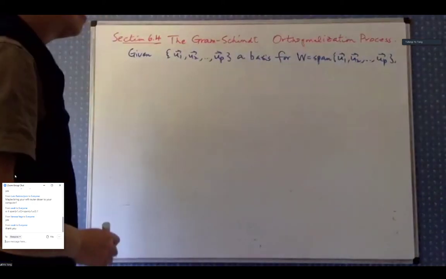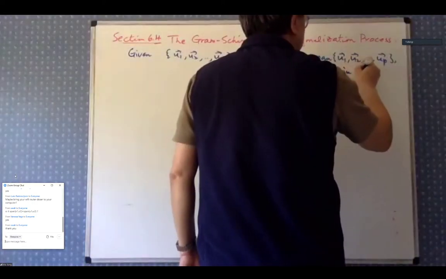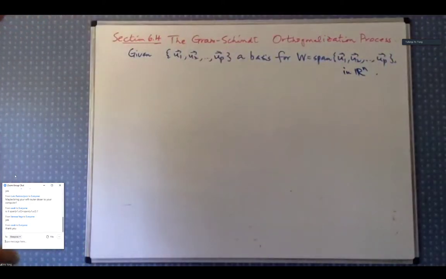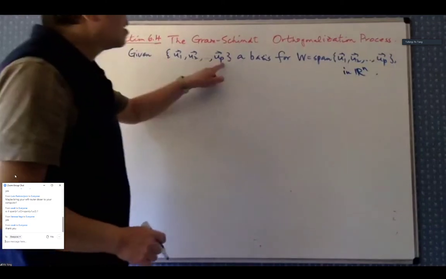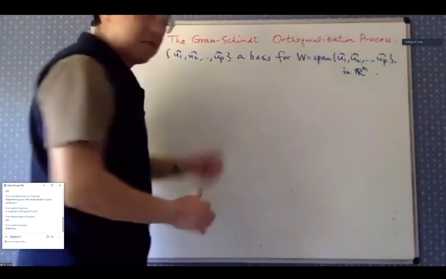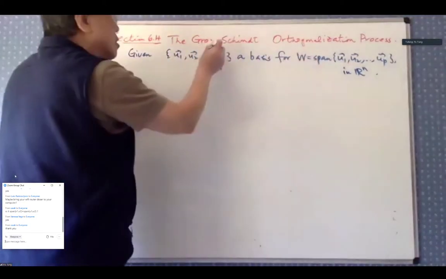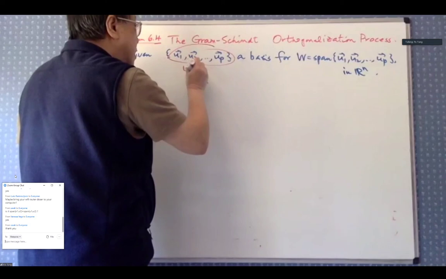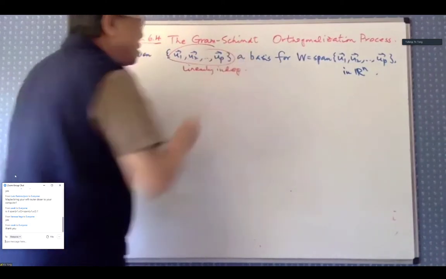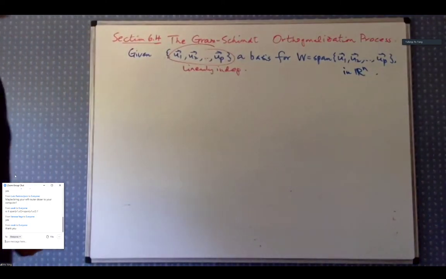This is a generalization of what we talked about earlier. Now you have this set as a basis for W. What does being a basis mean? A basis needs to span it. It also means that these vectors are linearly independent, but not necessarily orthogonal.